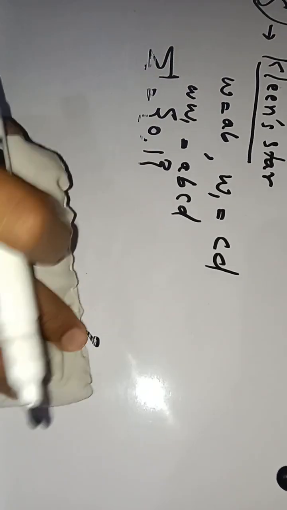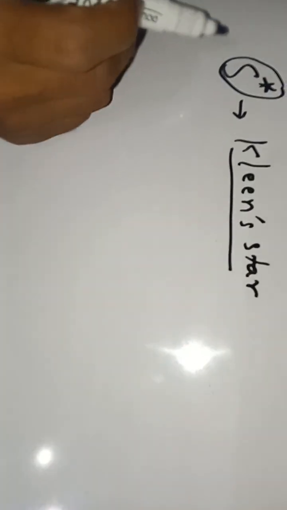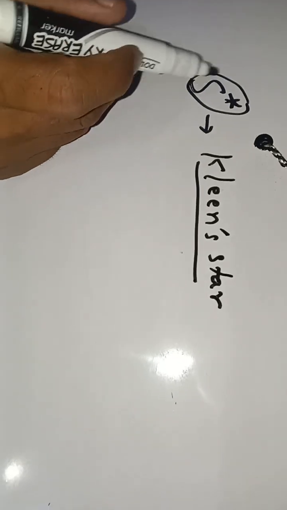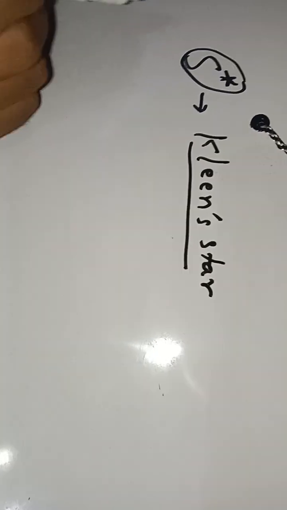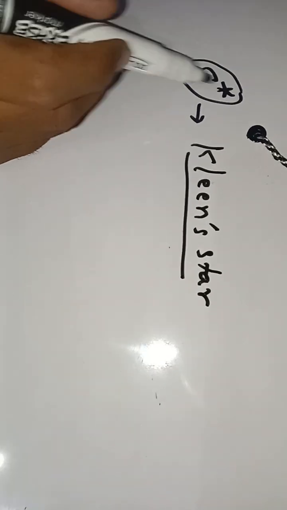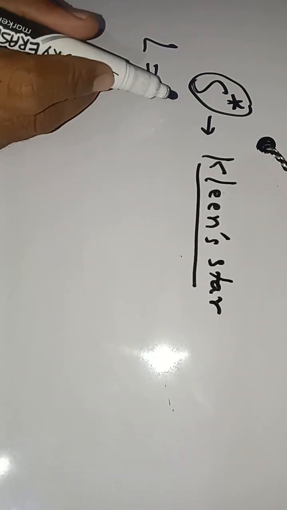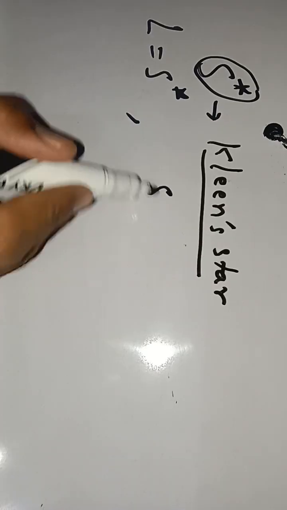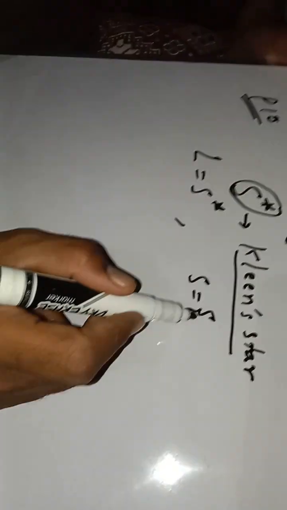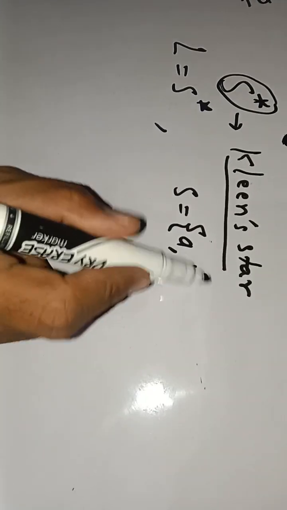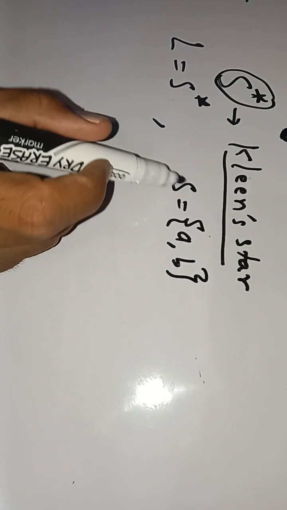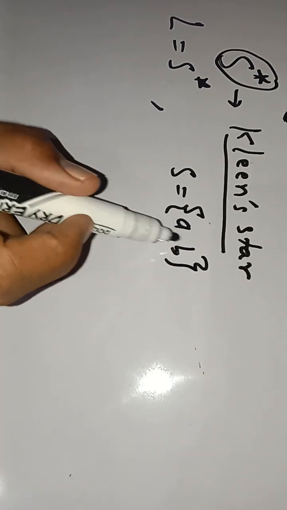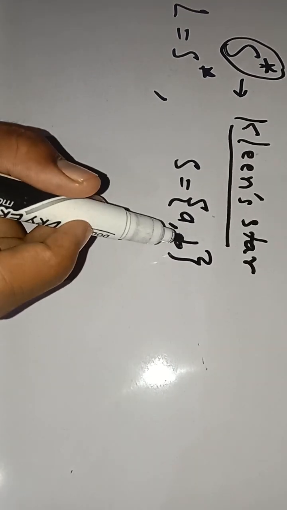So for now, we turn our whole attention to problem number 10, that says, consider a language that is S star, where S is equal to a comma b, means S is an alphabet with entries a and b.